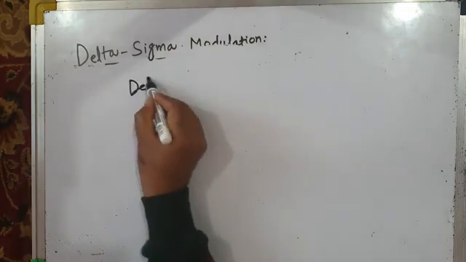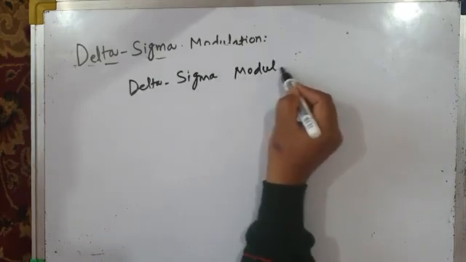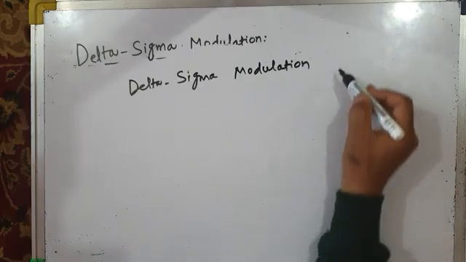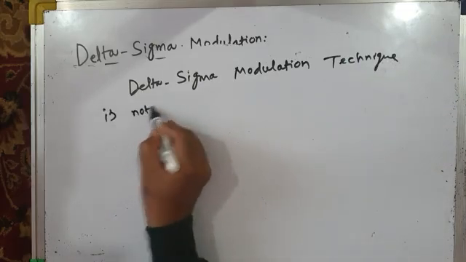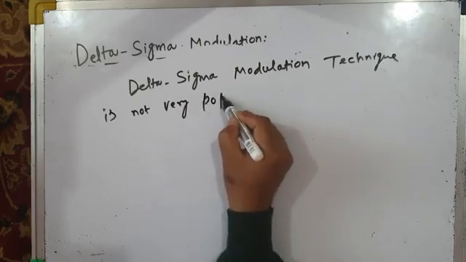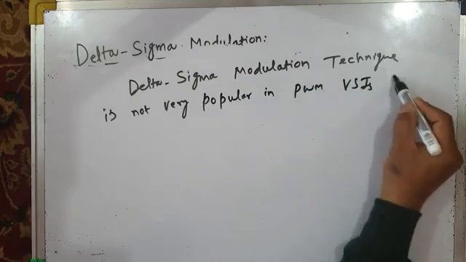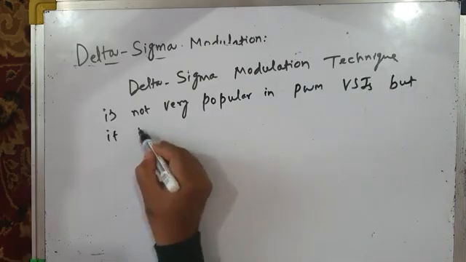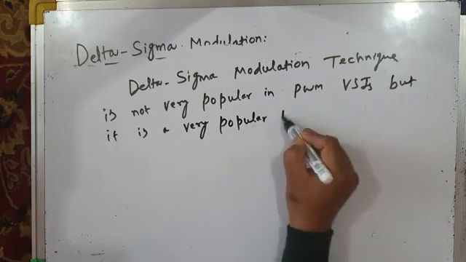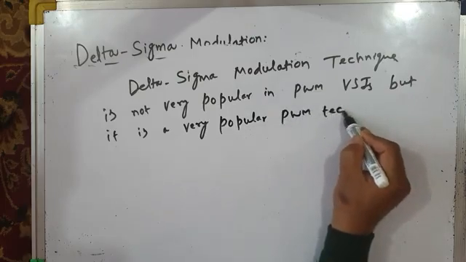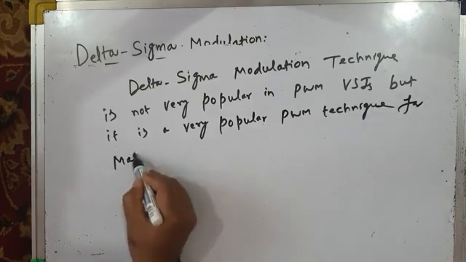So I will write here: delta sigma modulation technique is not very popular in PWM voltage source inverters, but it is a very popular PWM technique for matrix converters.